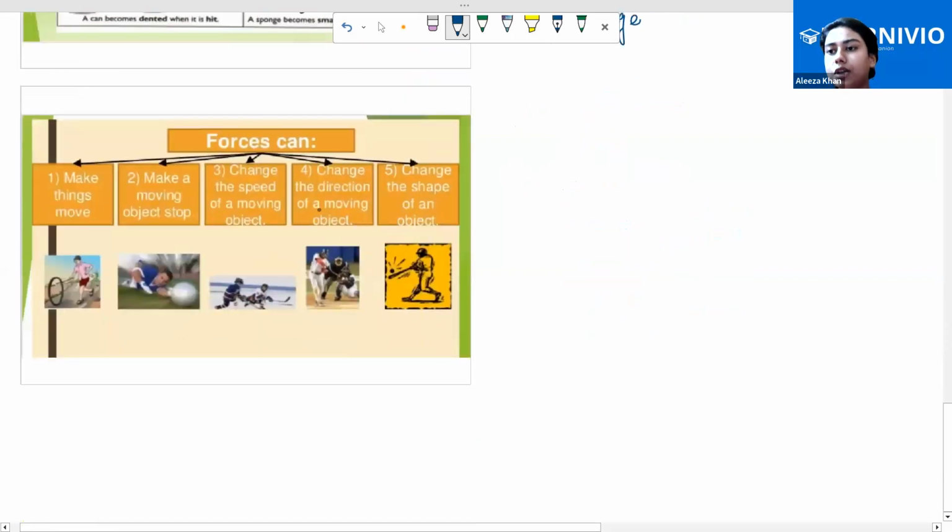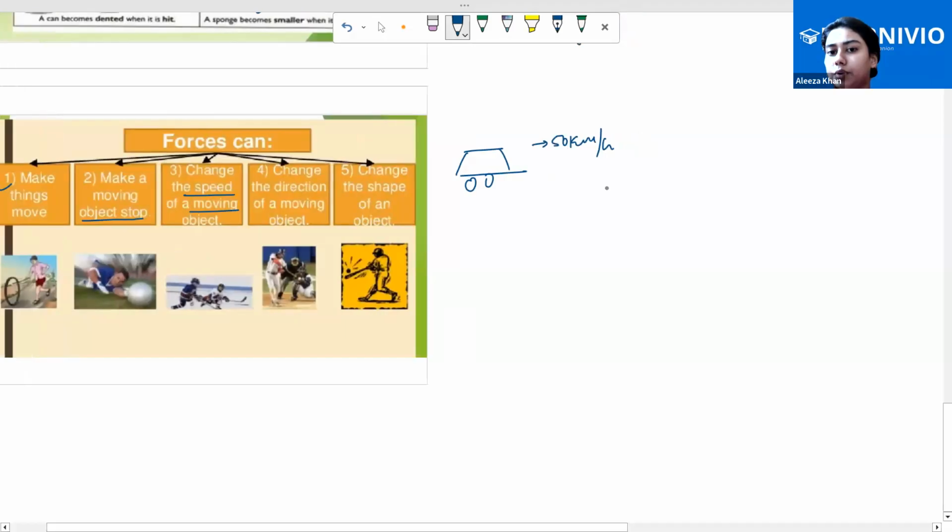Now, in gross terms, we can infer that force will cause things to move. It will stop a moving object. It will change the speed. Let's say a car is moving with a speed of 50 kilometers per hour, yes or no? Yes, ma'am.